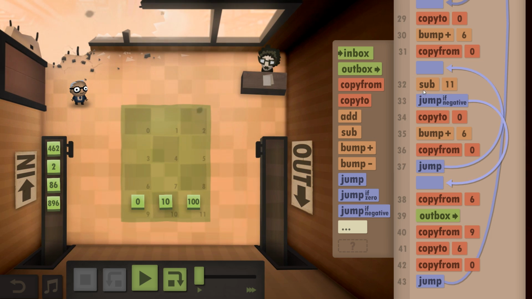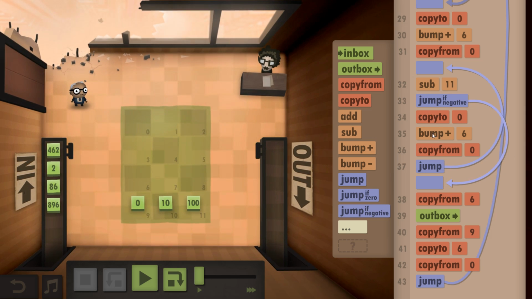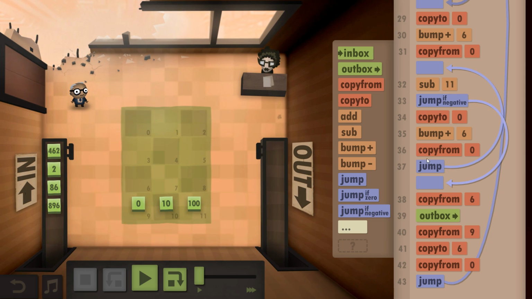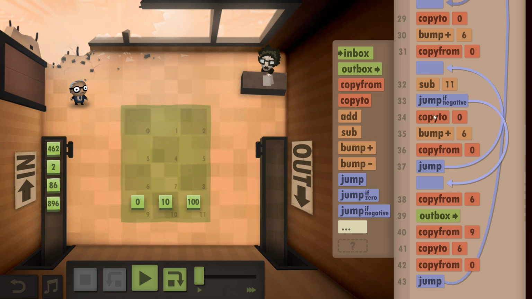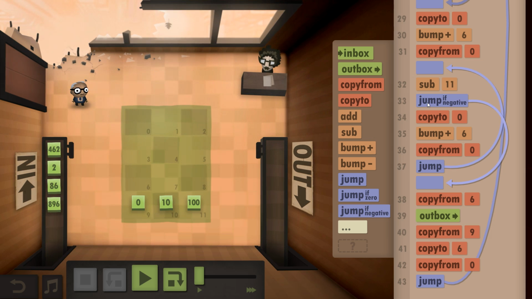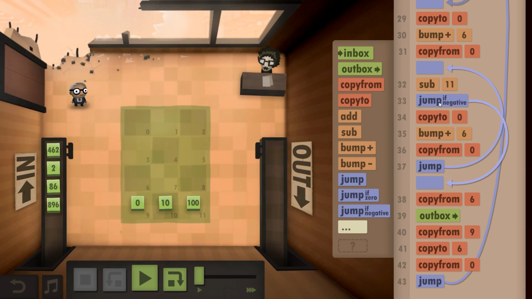So that's 9 times 1, 2, 3, 4, 5, 6 steps, I think. I don't know if this counts as a step. Actually, now that I think about it, I never double checked that. But it doesn't matter. It probably does count as a step, because the program has to check something here, so it does something.